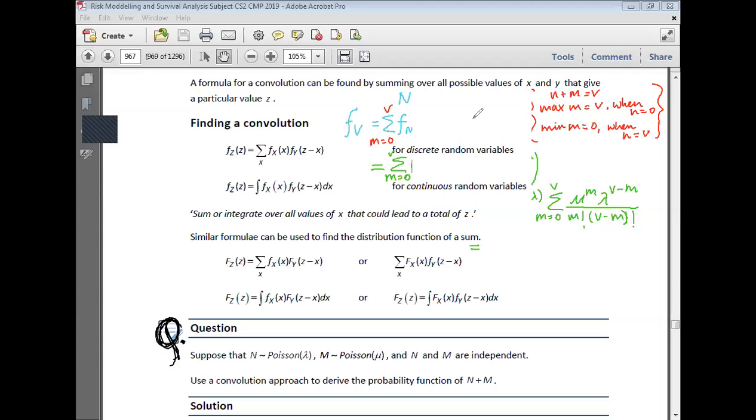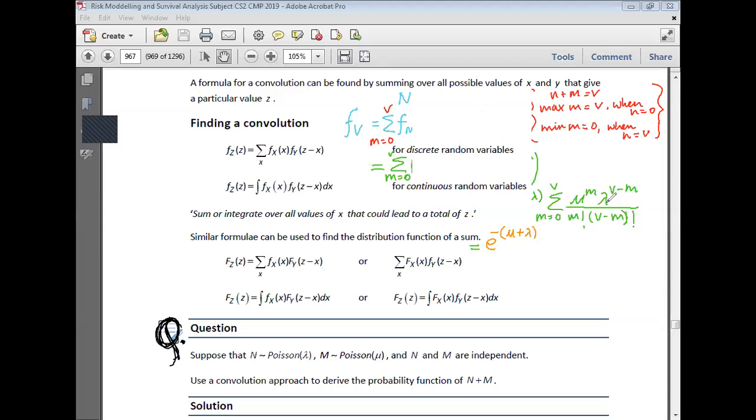Maybe you can take lambda raised to v outside, and then it will become mu upon lambda, the whole raised to m. But I'm thinking, will it help us? Let's try. Remember what we want at the end. So I have e raised to minus of mu plus lambda.